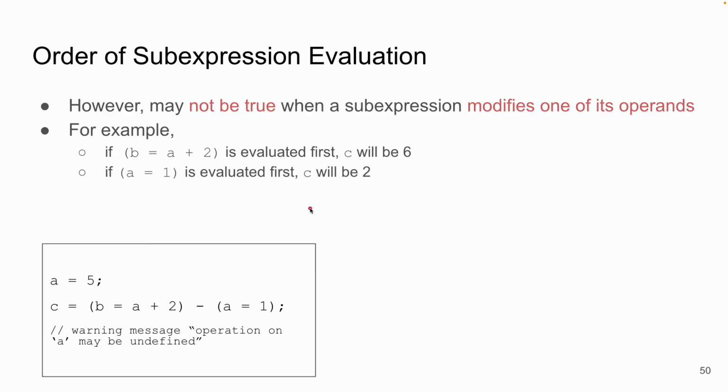That is why, if the second sub-expression is evaluated before the first, the result will be 2. So you can see that which sub-expression is evaluated first will influence the return value of the entire expression.